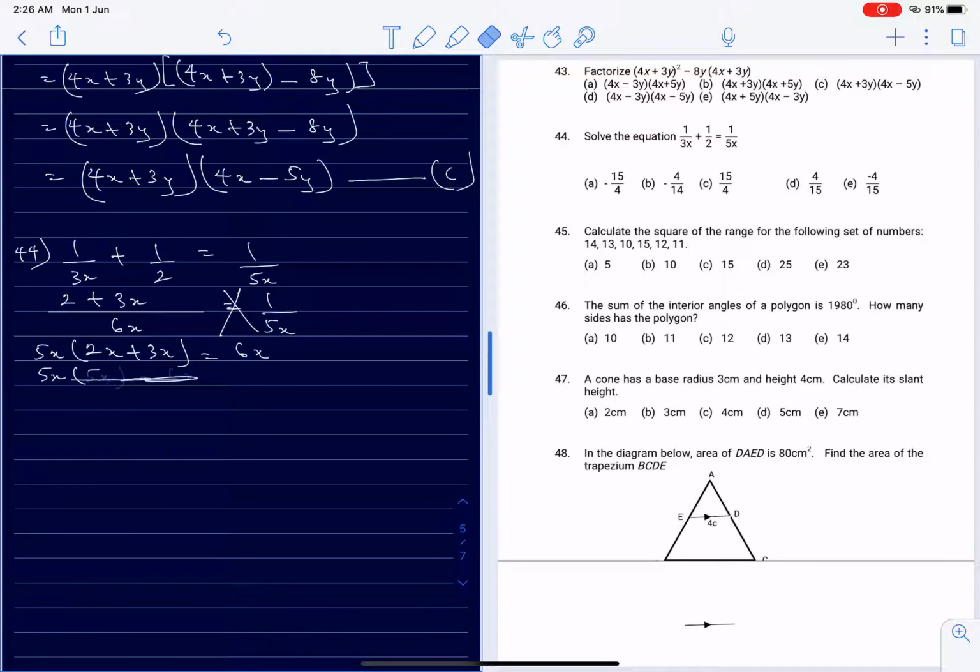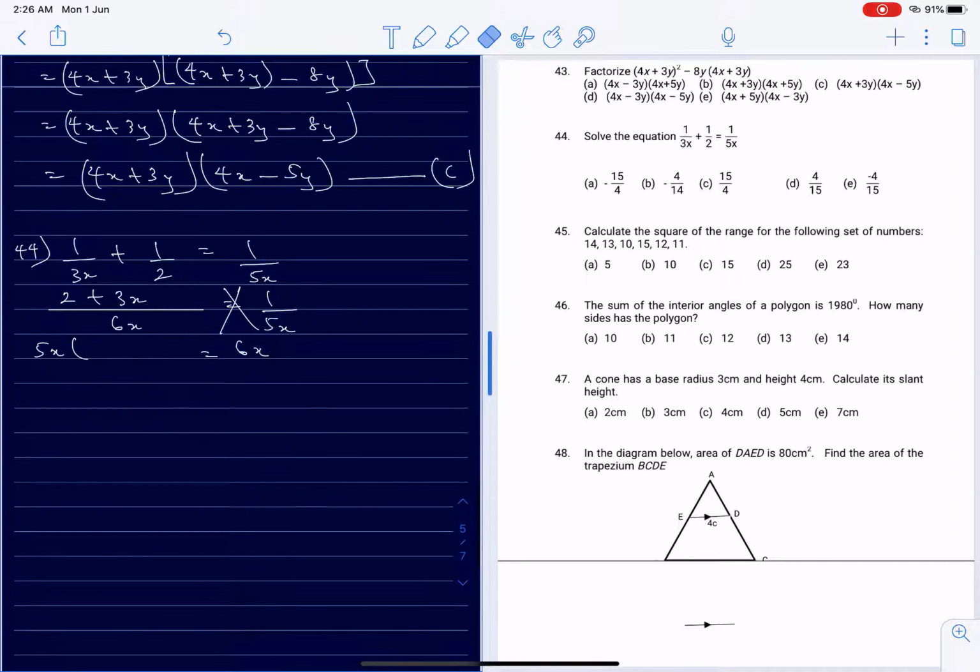Oh, sorry, that was a very careless one. This is supposed to be, when we cross multiply, we're going to get 5x times 2 plus 3x equals 6x.